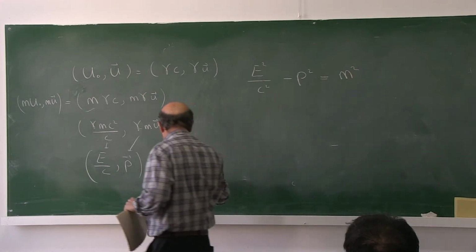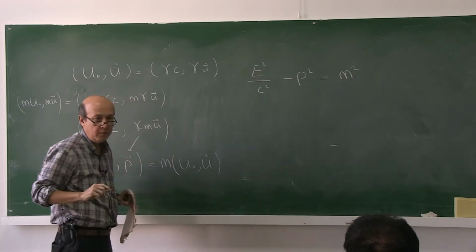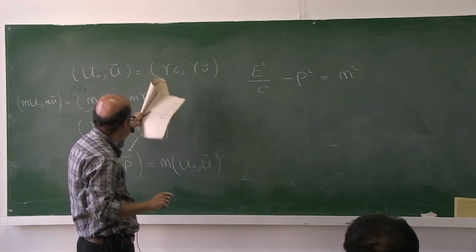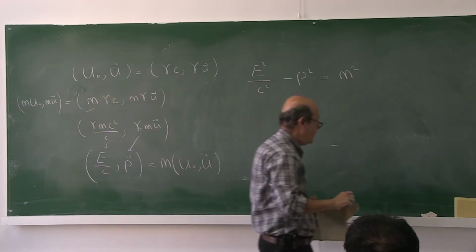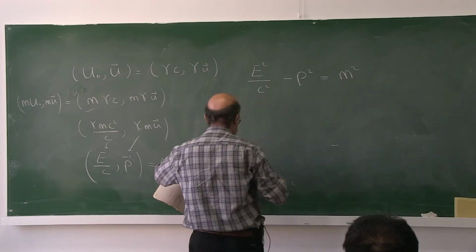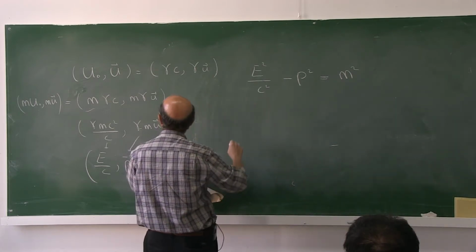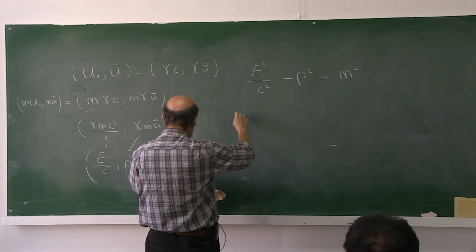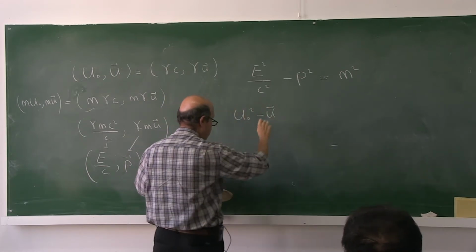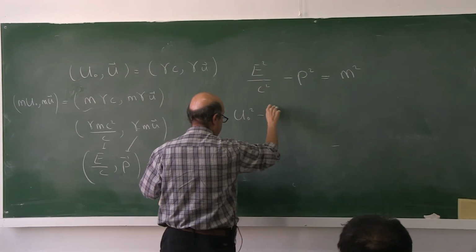And what is the length of the 4-velocity U? Let me do it very easily. That is equal to U0 square minus U square.